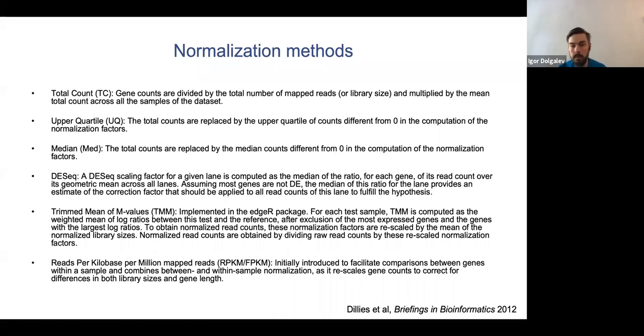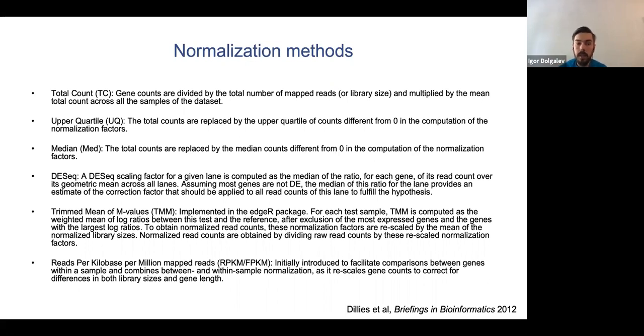Instead of looking at the total, where you might have one highly expressed gene that's overrepresented and really drives up your library size, looking at the median means you're normalizing to a more average value.